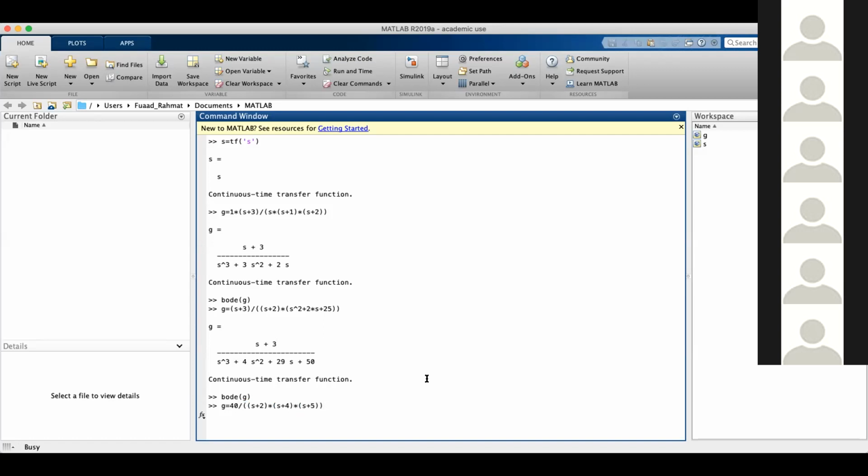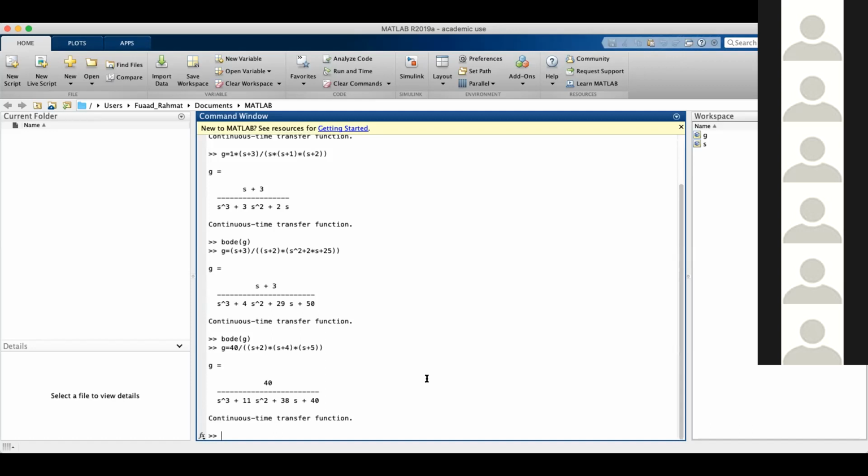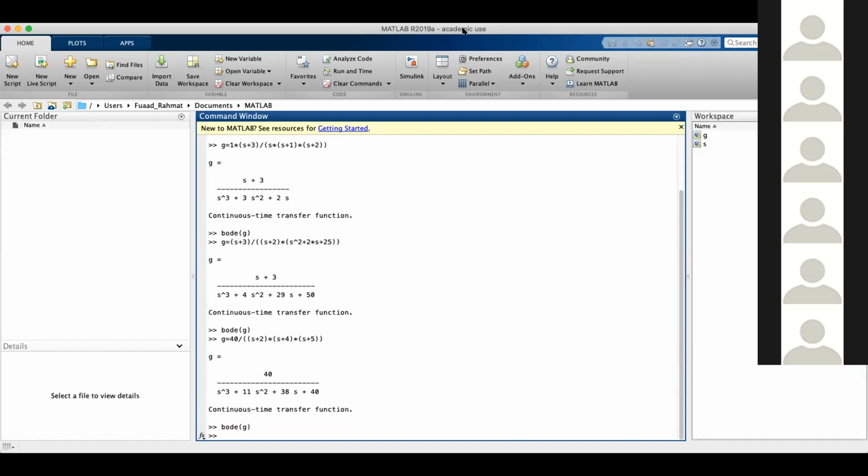Okay. So we have 3 poles, at -2, -4, and -5 on the real axis. Gain at 40, no zeros, no second order poles, and no second order zeros. Okay, so we plot both G. Okay, so we already get the plot here.